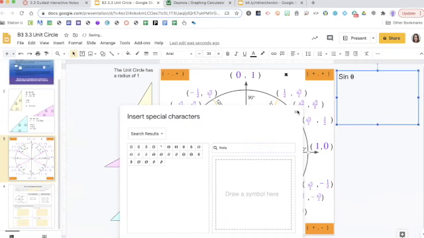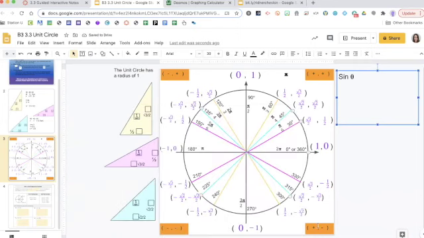So I have sine theta, and you're like, uh-oh, what? So remember, sine theta, if you did your 3.2 notes, was equal to opposite over hypotenuse, right?